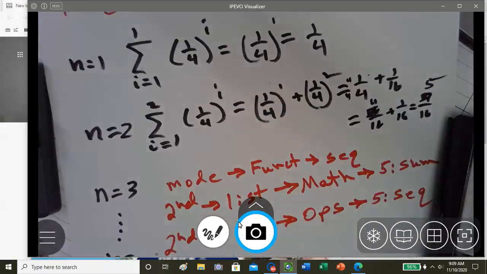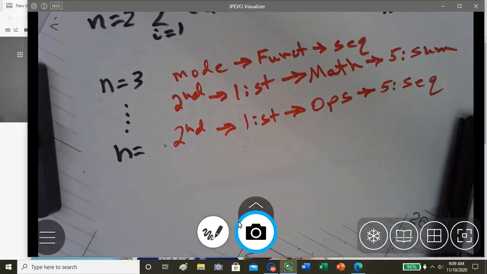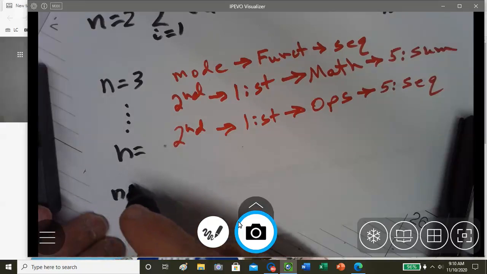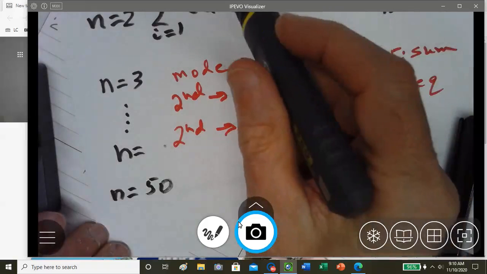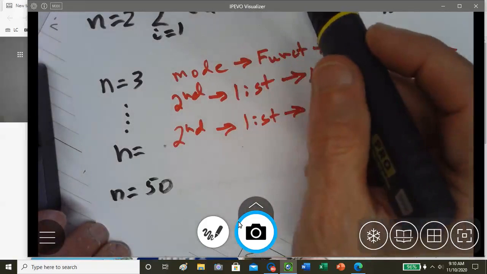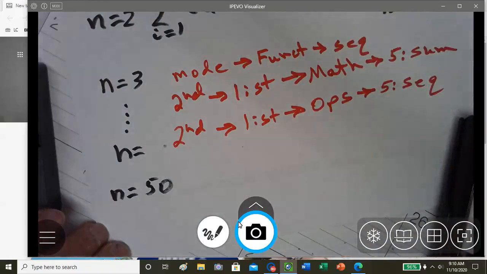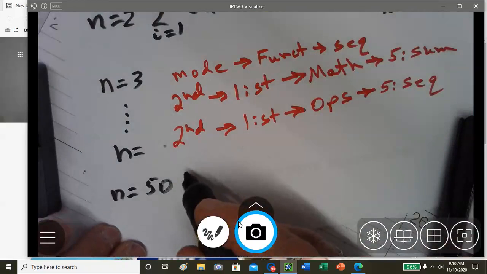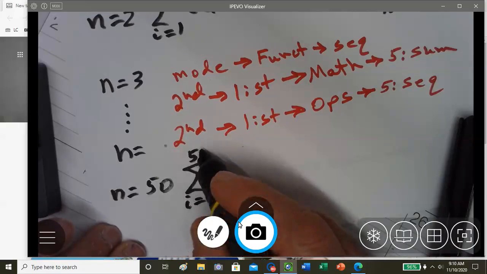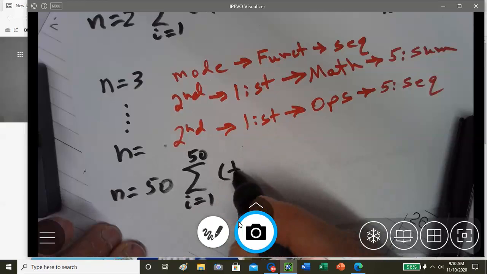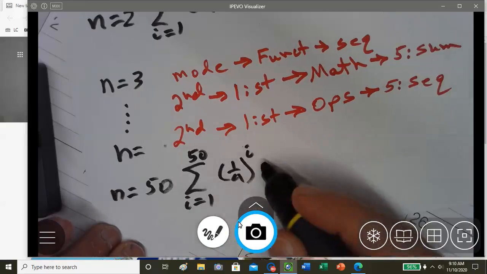So basically what we're looking at here is n equals 50. So that would be 1/4 to the first power plus 1/4 to the second plus 1/4 to the third, all the way to 50, right? i equals 1 to 50 for 1/4 to the i.